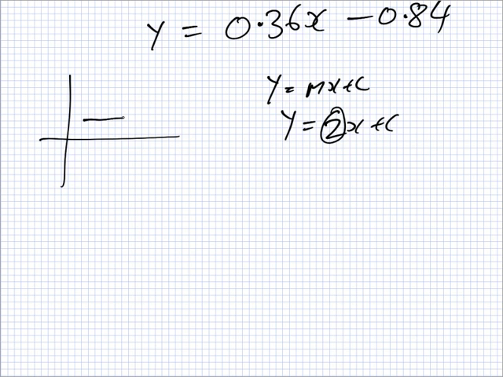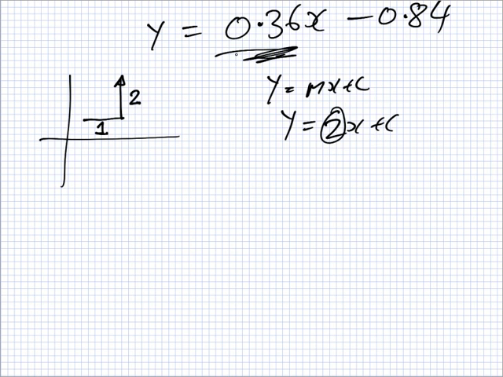Yeah, if you increase the x by 1 unit, the y would increase by 2 units. So if I increase the temperature by 1 degree, what is the increase in the other thing? 0.36. Because the slope is 0.36.